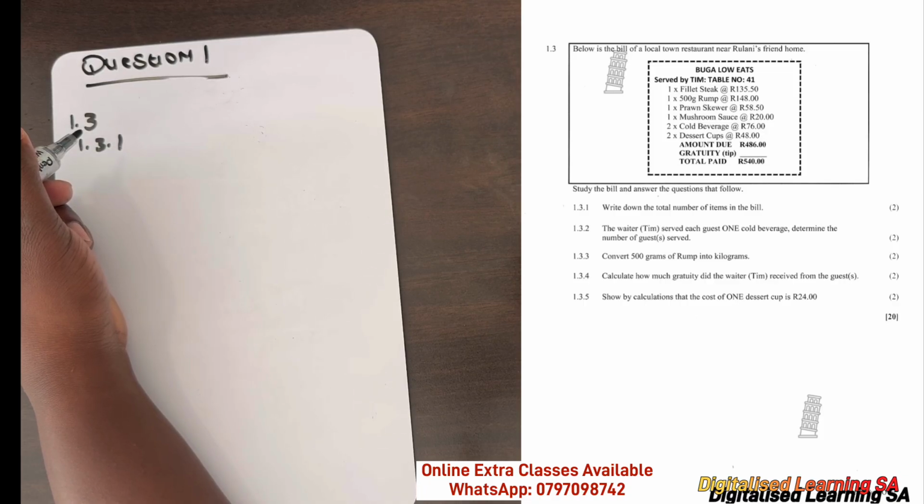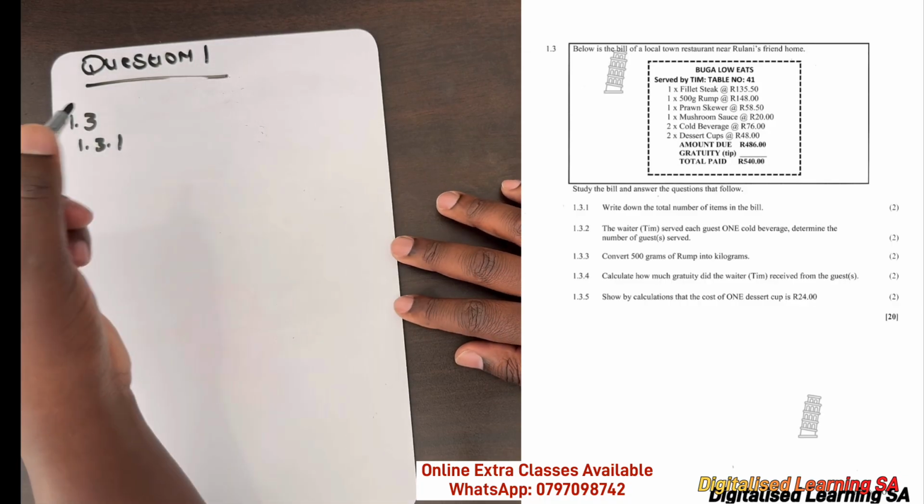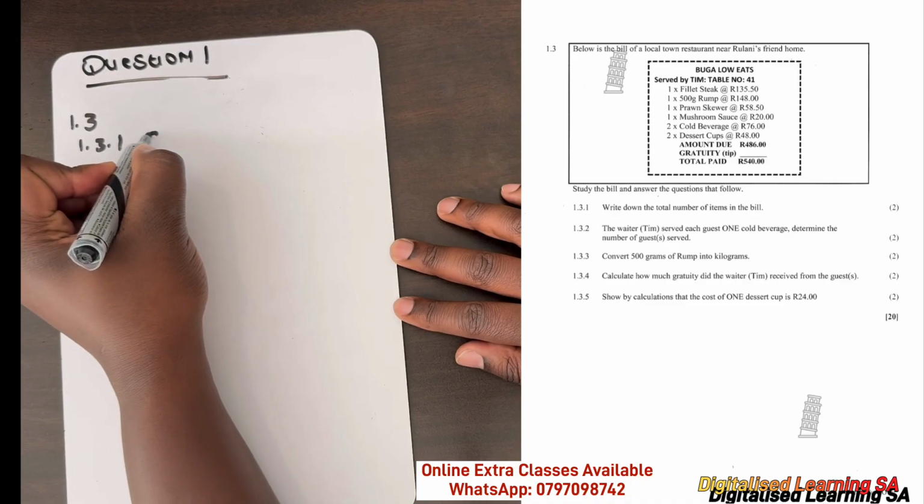But if you check the last two, we can see that the quantity was 2 instead of 1, meaning that we are going to count them twice.